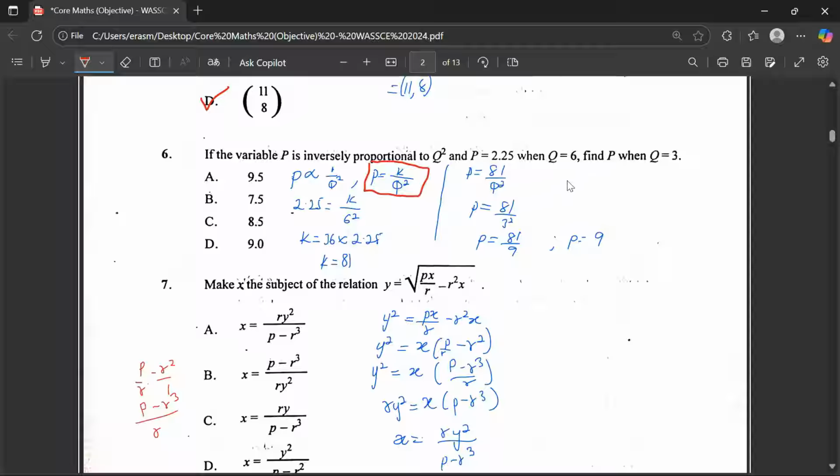To find P when Q equals 3, we're going to substitute 3 into this formula. So we have P equals 81 on 3 squared as Q is squared, right? And then P equals 81 on 9. And then P equals what? 9. That is, if you divide 81 by 9. So the right option is option D.